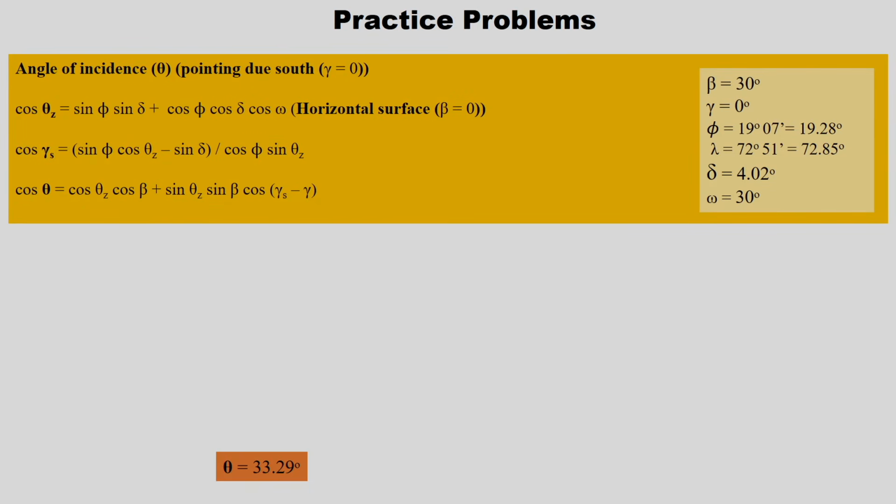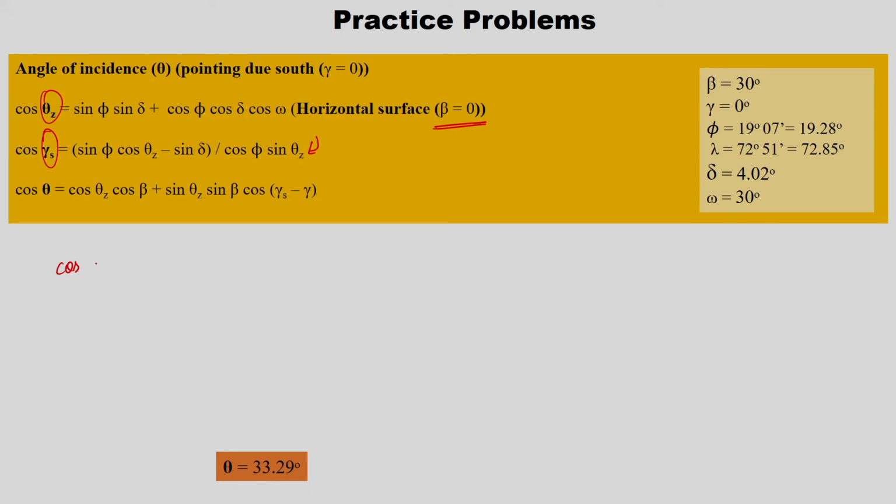The same angle of incidence can be calculated using the zenith angle as well as the solar azimuth angle. For the zenith angle, we already know beta equal to 0, that is a horizontal surface. Cos theta z is sin phi sin delta plus cos phi cos delta cos omega. For gamma s, which is nothing but the solar azimuth angle, this is the formula. By calculating these two, we can substitute in the theta formula and calculate.